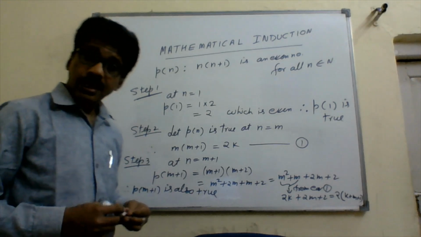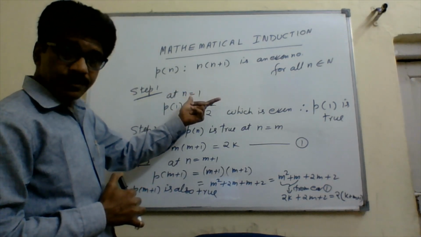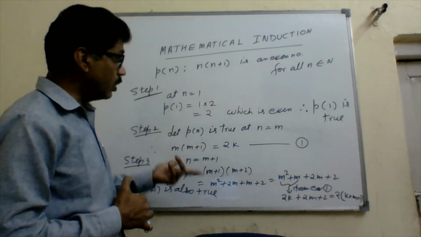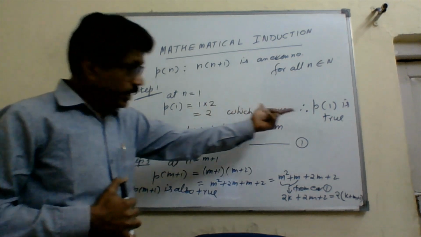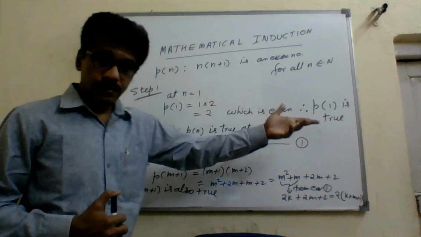Now see, at step 1, I just checked whether at n equal to 1, or at some natural number, it is true or not, and it is true. So I showed that P1 is true.